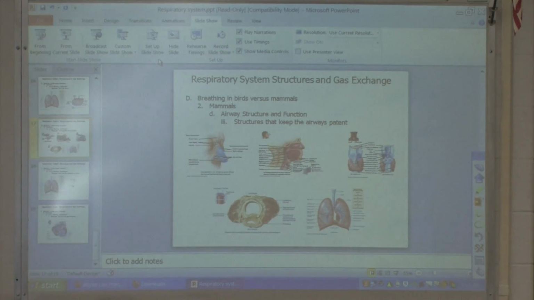Okay. The next structure, the pharynx, has in its wall skeletal muscle, which gives it some structure and helps keep that airway open and unobstructed. Your larynx has hyaline cartilage.